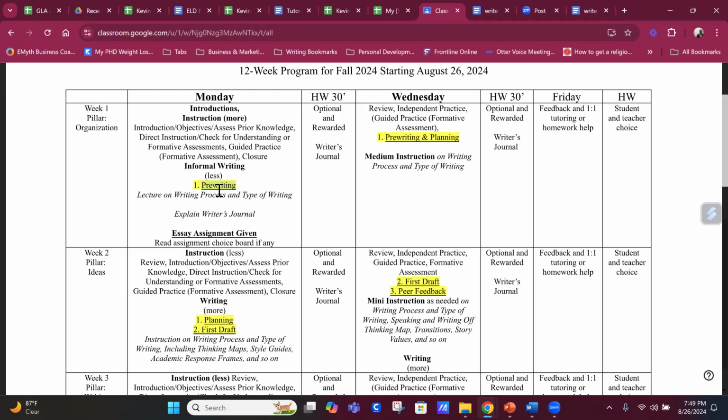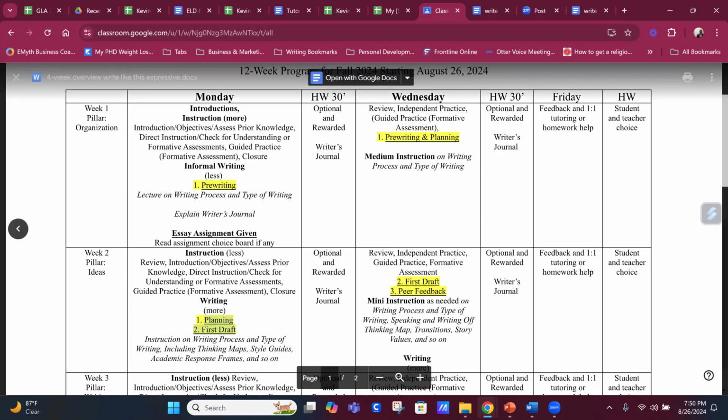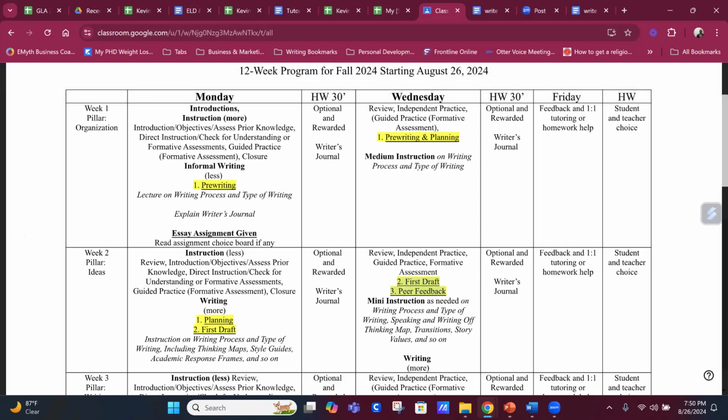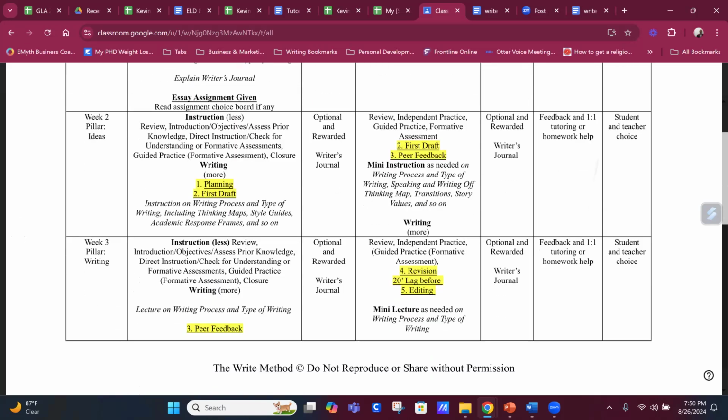You can see in yellow, we have the pre-writing stage of the writing process. We have pre-writing and planning on Wednesday. And you can see on Monday of the following week, we have planning and first draft. And then you can see in session 2 of week 2, the first draft and the peer feedback.